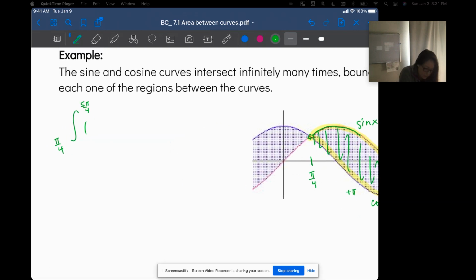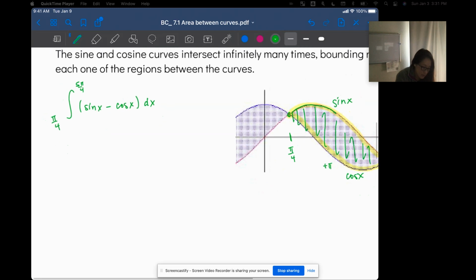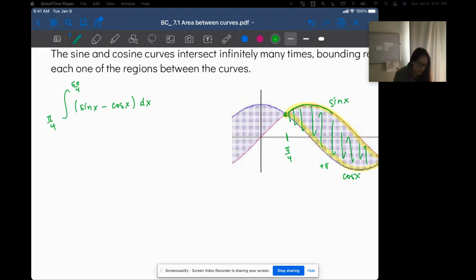My top curve is sine of x, and my bottom curve is cosine of x with respect to x, so dx. And now we integrate. So the area is equal to negative cosine of x minus the sine of x, evaluated from pi/4 to 5 pi/4.